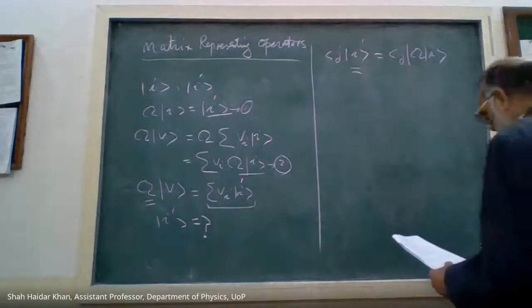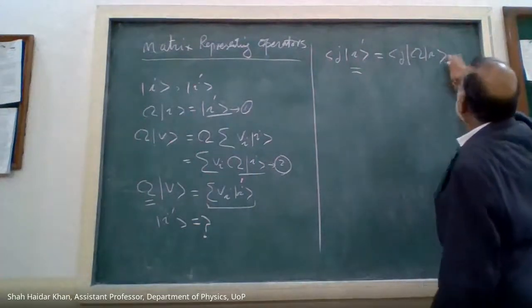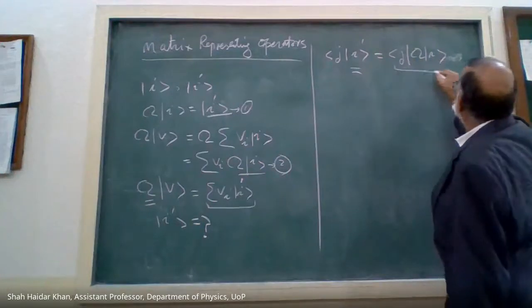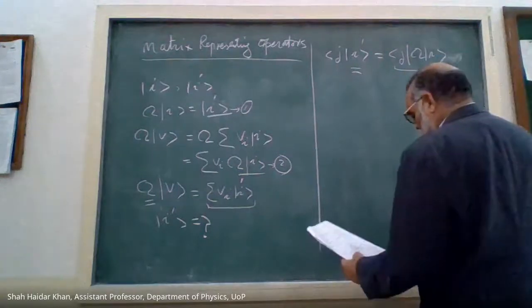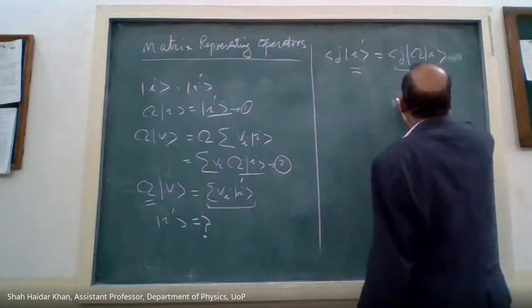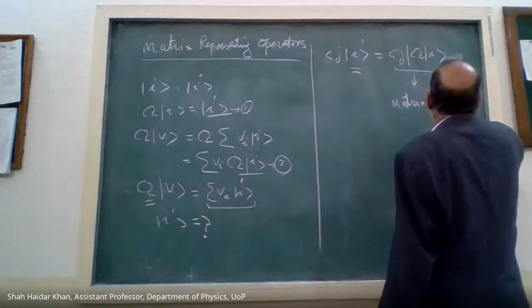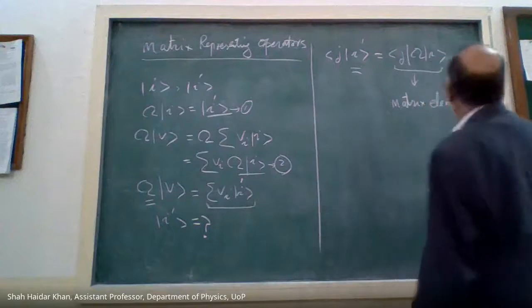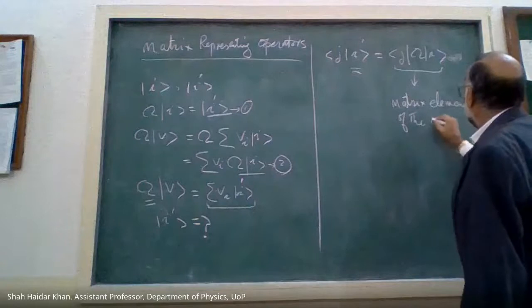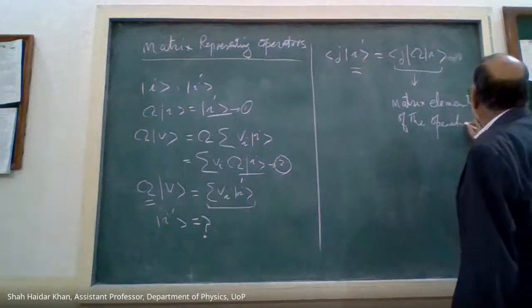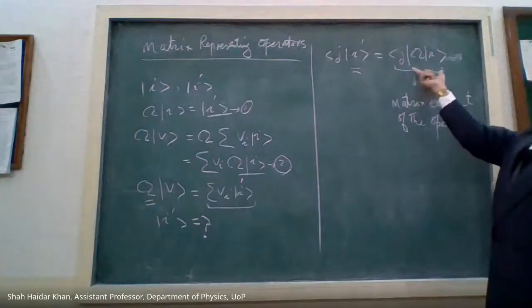It was equal to omega I. And if this, okay, we call this a matrix element of the operator omega. We call this thing a matrix element.